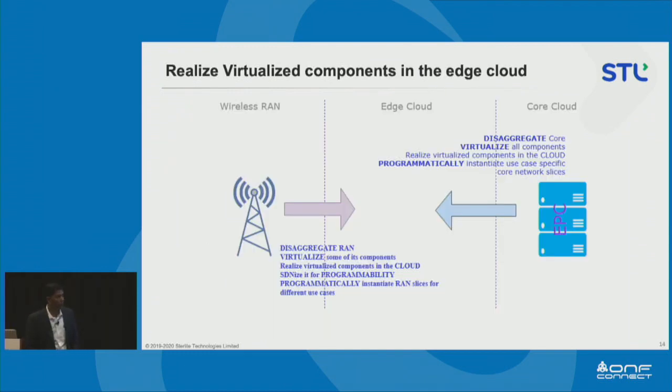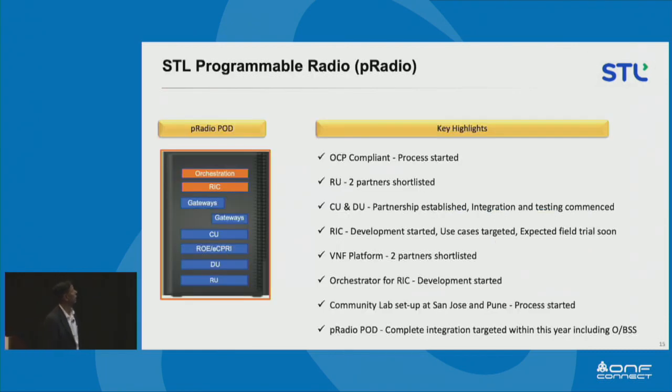From an actual realization perspective, edge cloud is the area where we think that our solution can be realized. We want to disaggregate and virtualize some part of the wireless RAN, put it into the edge cloud, and take some part of the EPC and get it into the RAN. This is what our pod looks like.